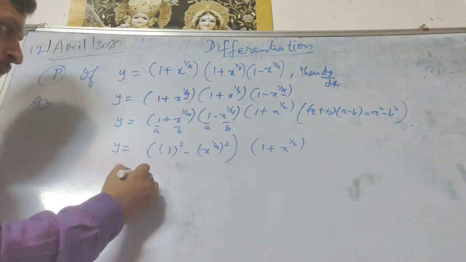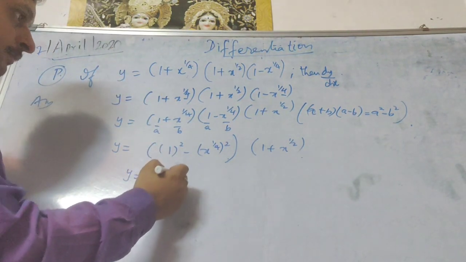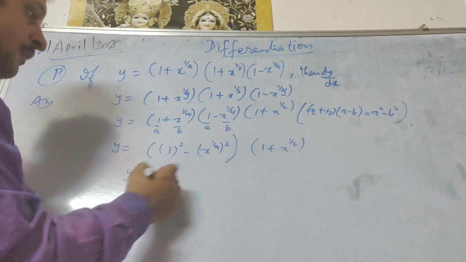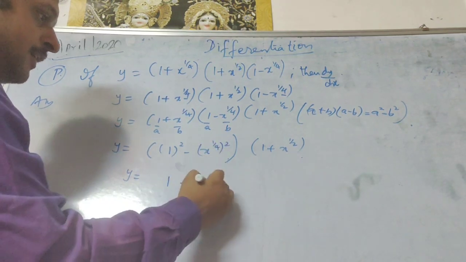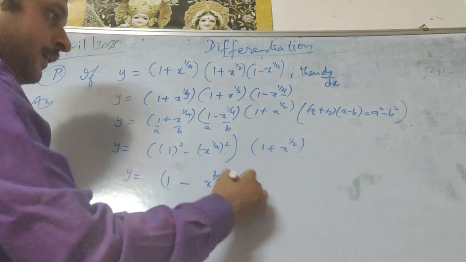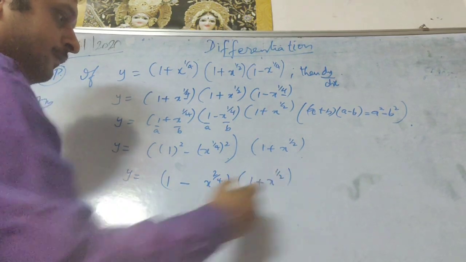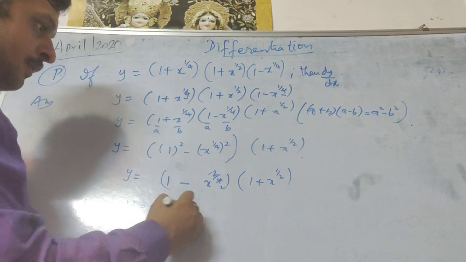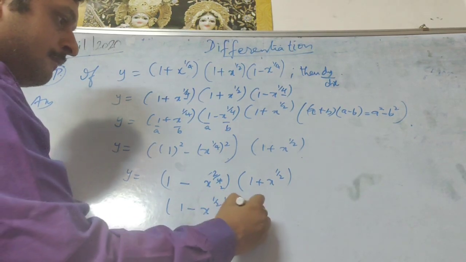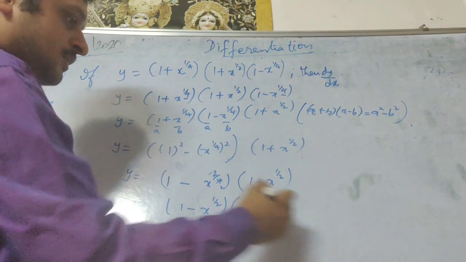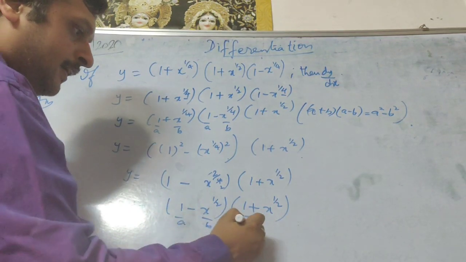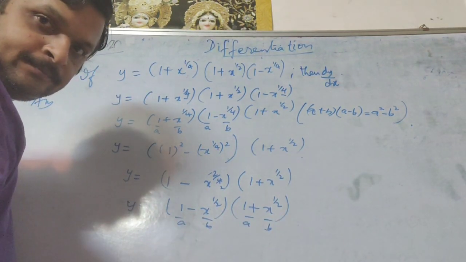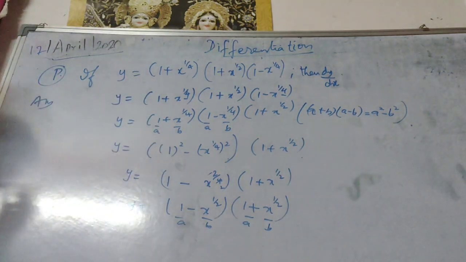So y equals 1 minus x power 2 by 4 into 1 plus x power 1 by 2. So y equals 1 minus x power half into 1 plus x power half. So this is also again of the form a plus b, a minus b. Make a note of this, friends.